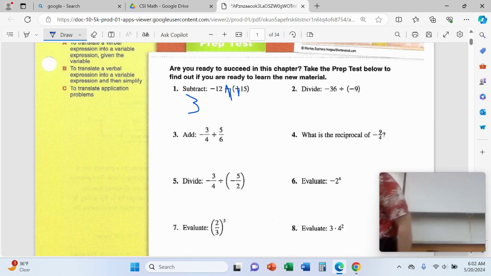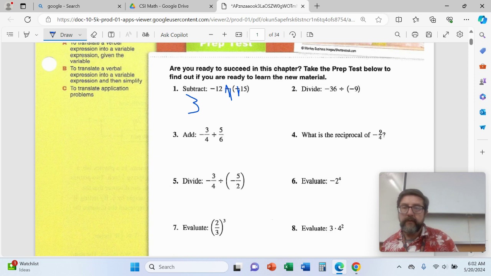Went over and grabbed a couple of calculators. Hopefully one of them works.